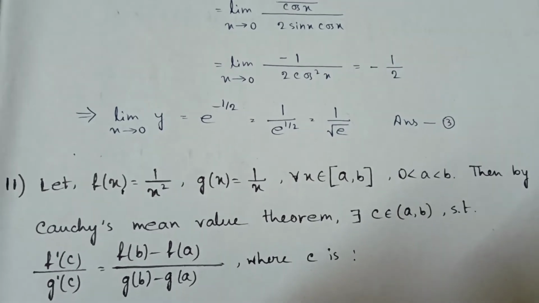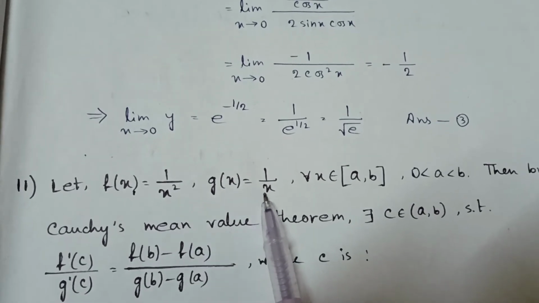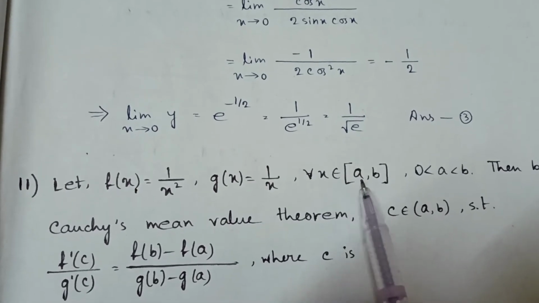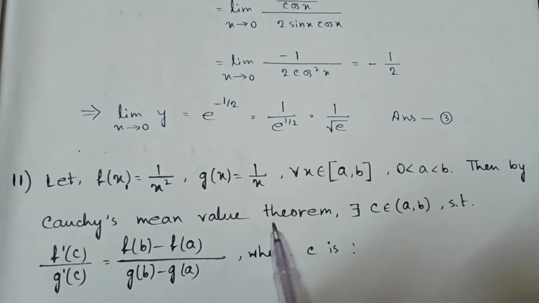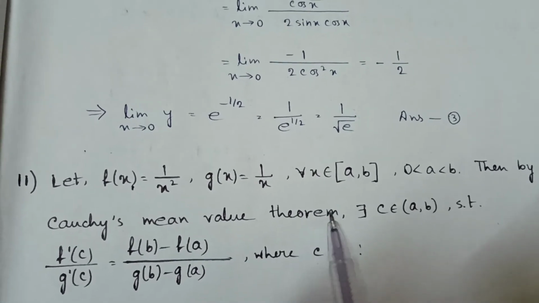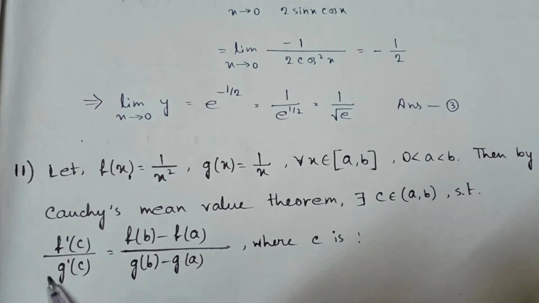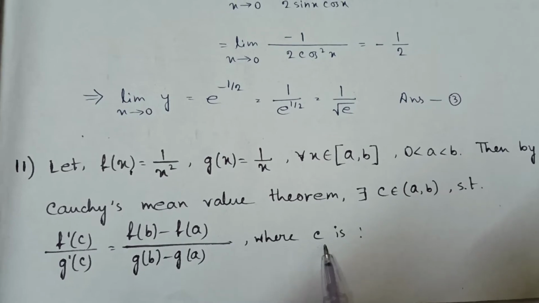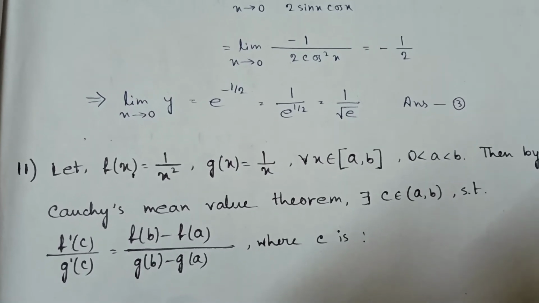The third question says that f(x) is equal to 1 over x squared and g(x) is equal to 1 over x when x belongs to the closed interval a to b. Then by Cauchy's mean value theorem, there exists C such that this equality holds. Now we have to find the value of C from this equality.